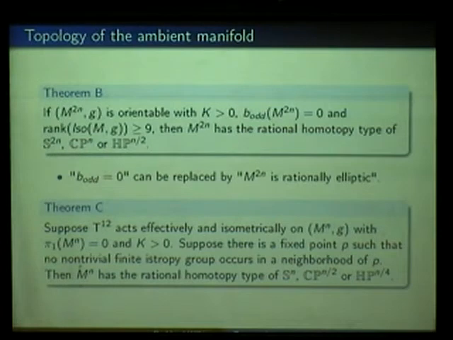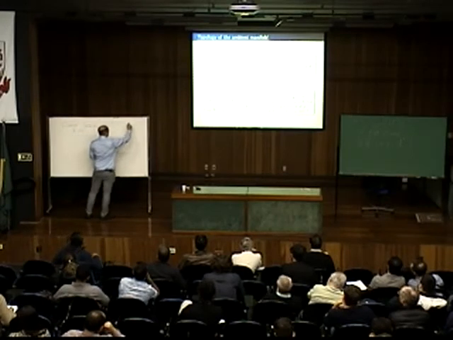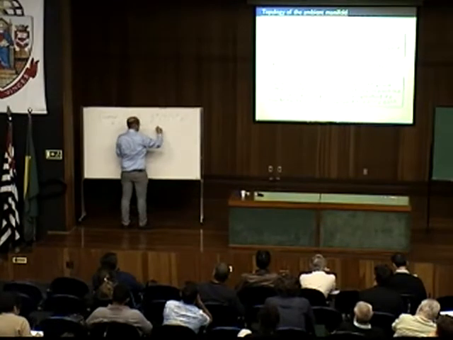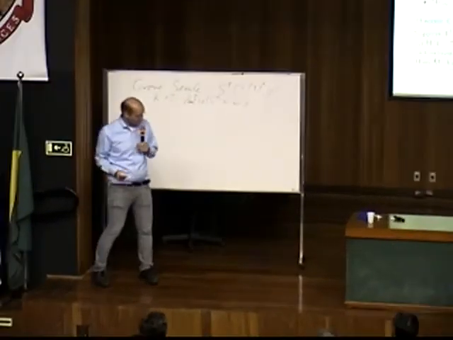So if you have an S^1 action on a manifold, and the manifold has positive curvature, and the fixed point set has dimension n minus 2, which is the largest possible dimension it could have, right?